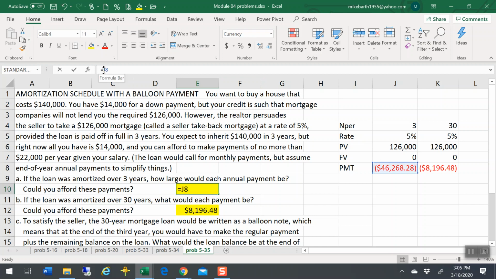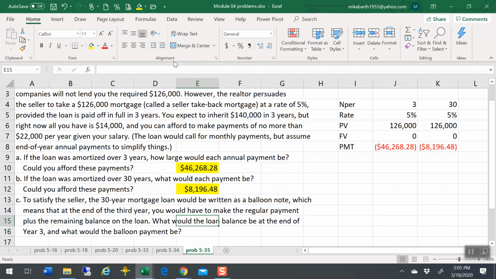That would be the absolute value of that. All right, satisfy the seller. The 30-year loan could be written as a balloon payment, which means at the end of the 3rd year, you'd make a big old payment.